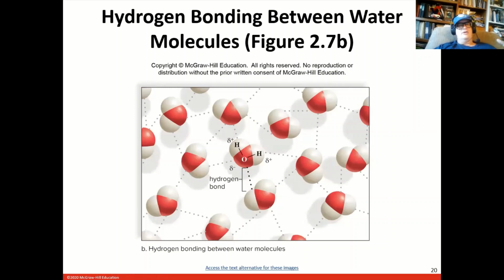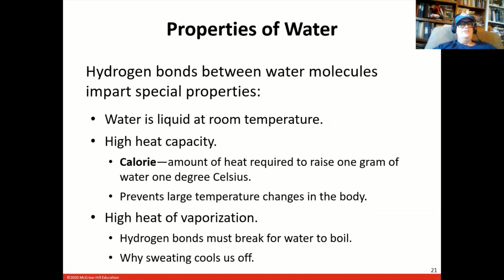Even weak temporary bonds like hydrogen bonds, it takes energy to make and break them. And because all water molecules are involved in these hydrogen bonds, it takes a lot of energy to change water from one state to another. We'll get to that.